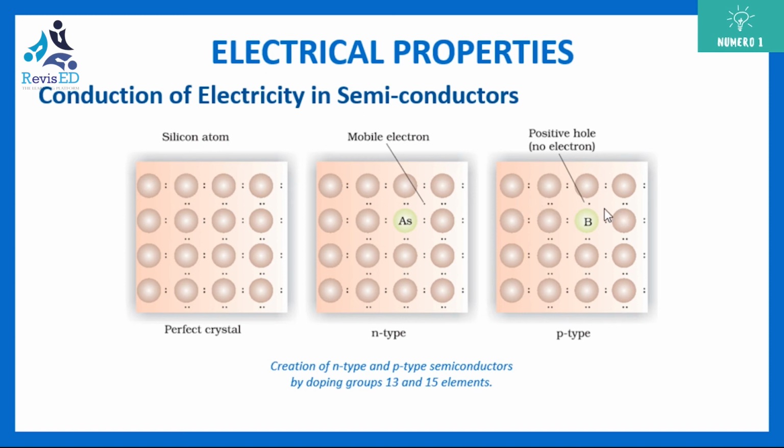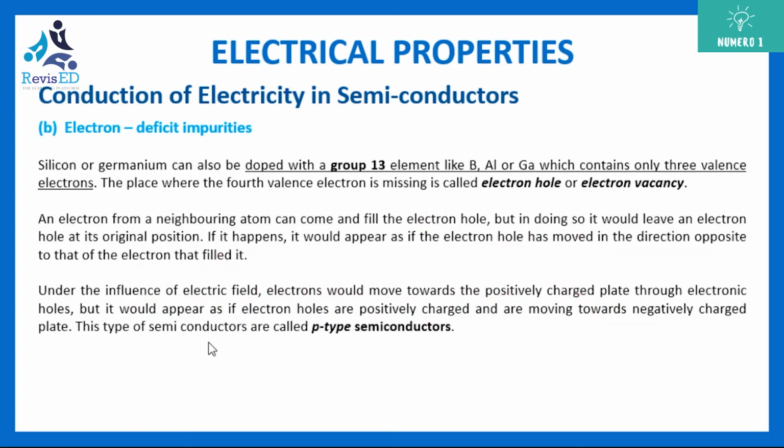Overall the hole has moved in this direction. So this is about your p-type semiconductor, and since here the majority carriers are holes, equivalent to a positive charge, the name is p-type.